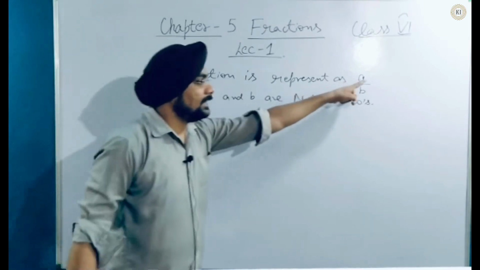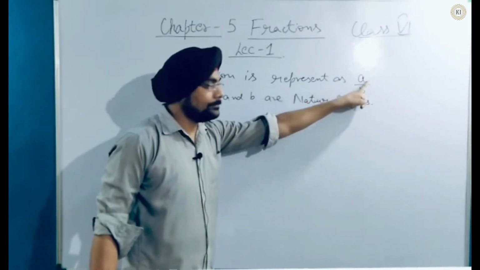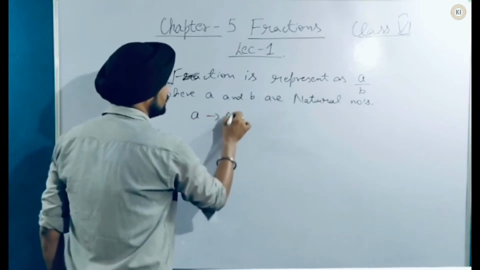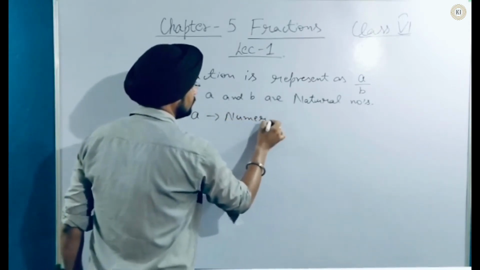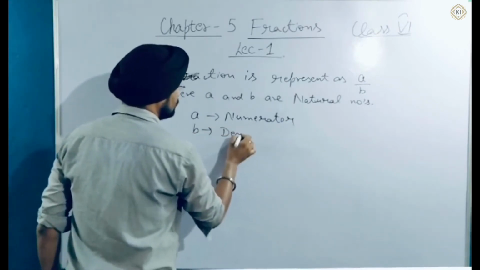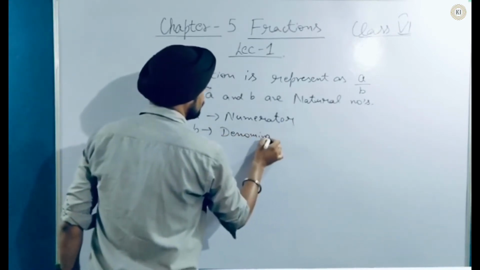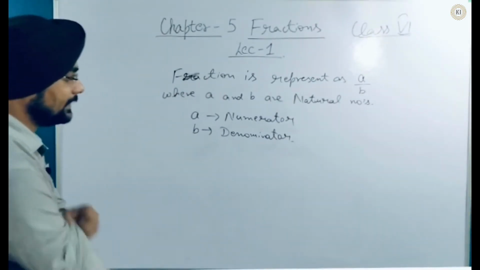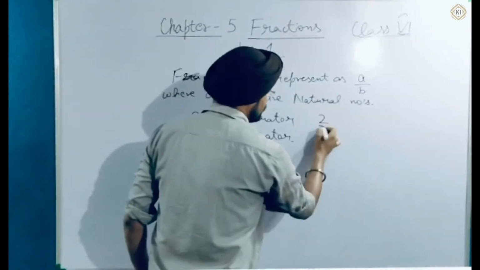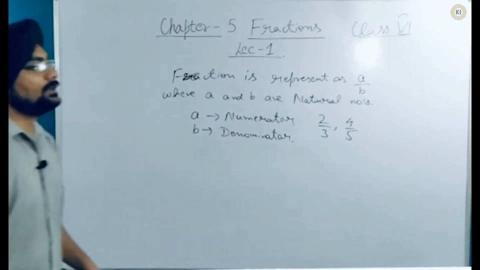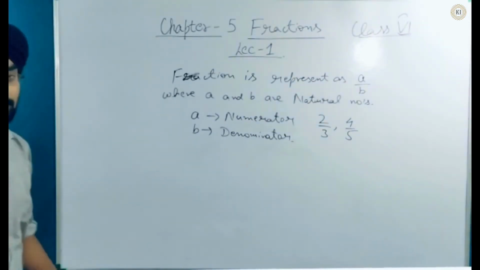The upper value in the fraction is known as numerator and the lower value is known as denominator, where A stands for numerator and B stands for denominator. Suppose we want to write any value as 2/3, 4/5, so these all values represent your fraction value.